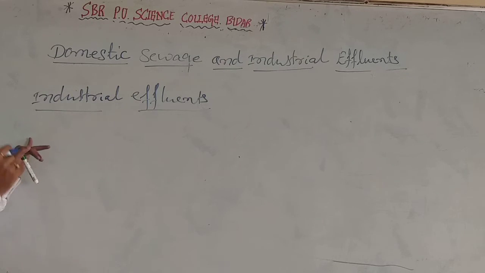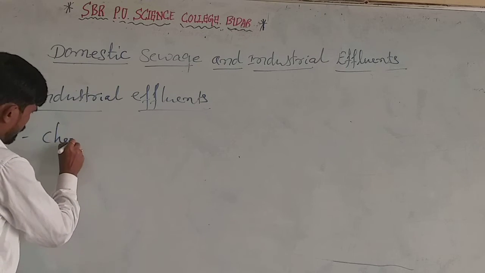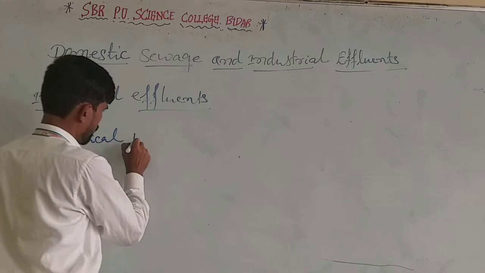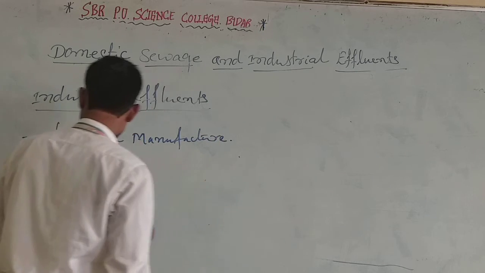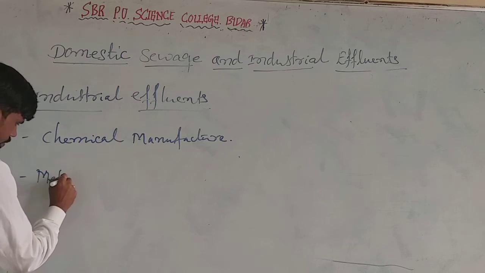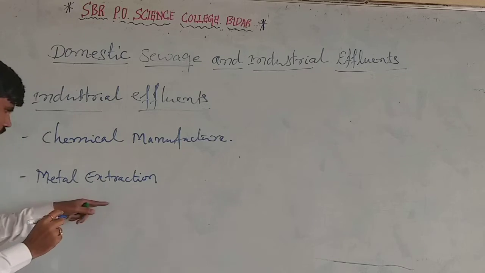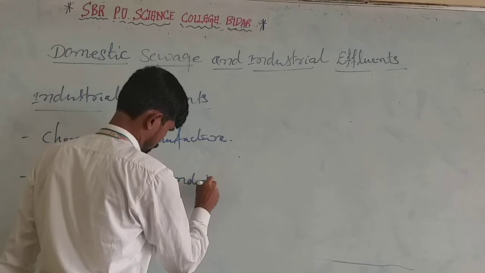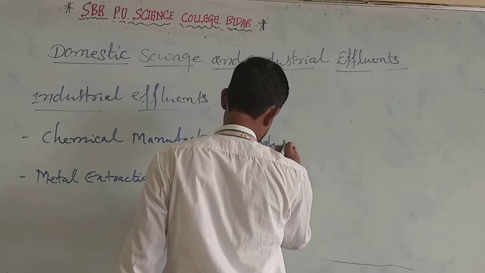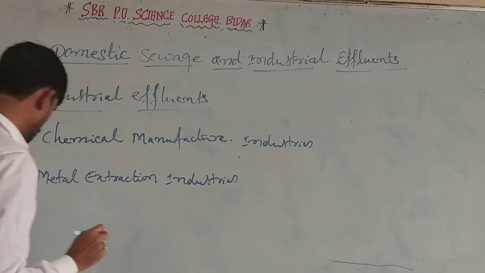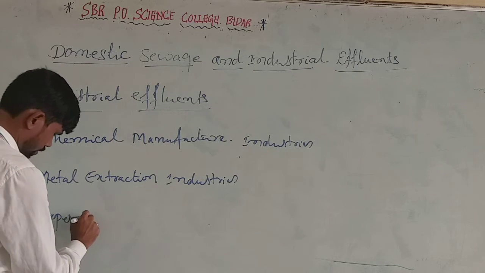What you see now: first one is chemical manufacture, then metal extraction, then paper manufacture.